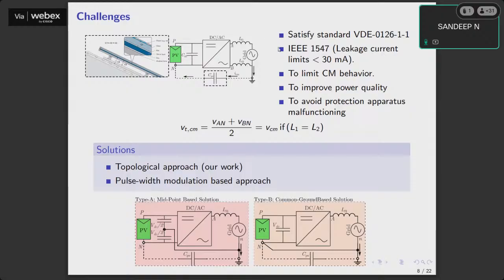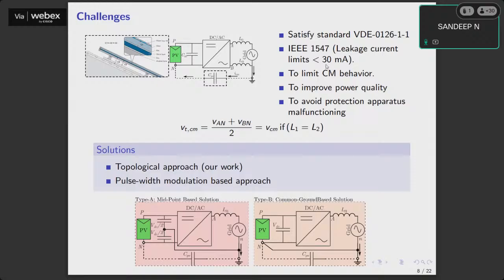Whenever we have an inverter connected to the grid, we have to satisfy the standard, that is VDE0126, right? According to which the leakage current should be less than 30 milliampere. This is the peak value, right? And the RMS should be less than 300 milliampere.